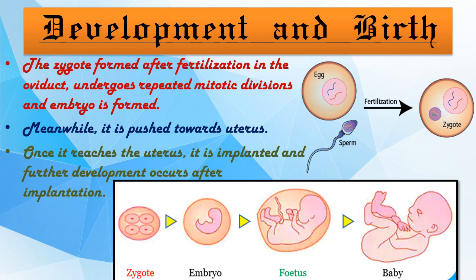Once it reaches the uterus, it is implanted, and further development occurs after implantation. That means after the division of the zygote by mitotic cell division, development takes place, and the zygote forms an embryo. Then after the embryo, a fetus is formed. Different organs and tissues are formed in the fetus, and then after the development of the fetus, a baby is developed.